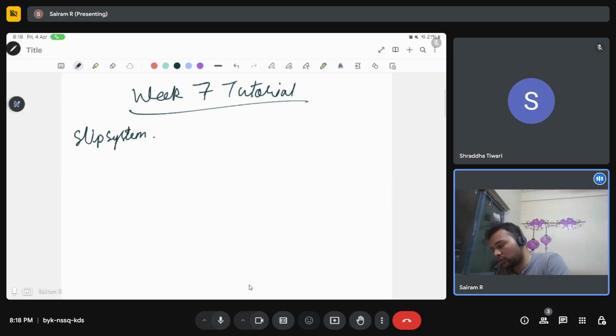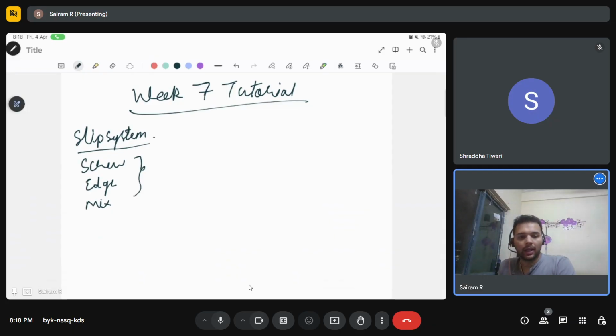How does screw movement or edge movement or mixed dislocation help in strengthening my material, and what is the stress related to these movements? I think we had seen some demonstrative figures during the class with very beautiful visuals on various of these things.